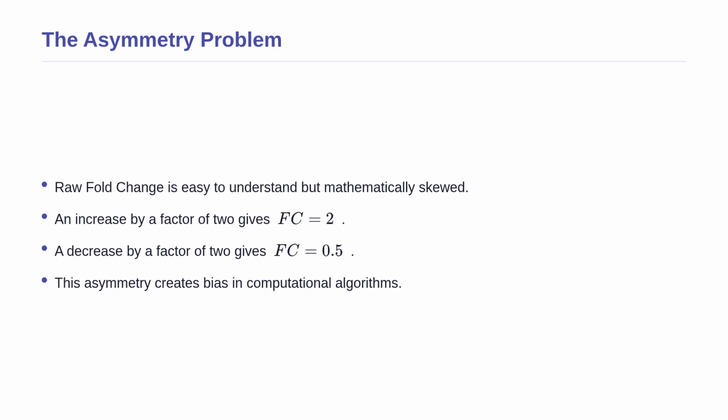The distance from 1 to 2 is much larger than the distance from 1 to 0.5, even though the biological magnitude of change is exactly the same. This asymmetry makes it very difficult for computational algorithms to plot, filter, and analyze massive genomic datasets without introducing bias. We need a way to balance this scale.